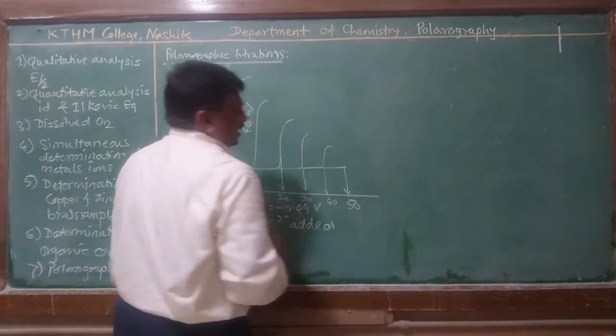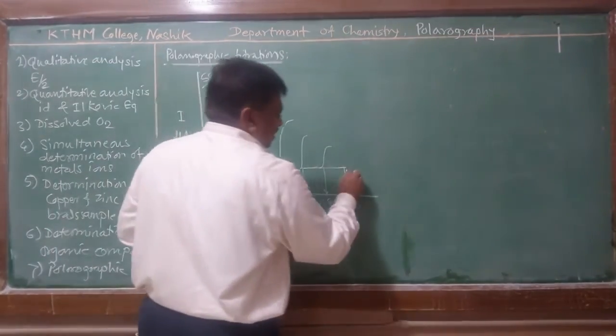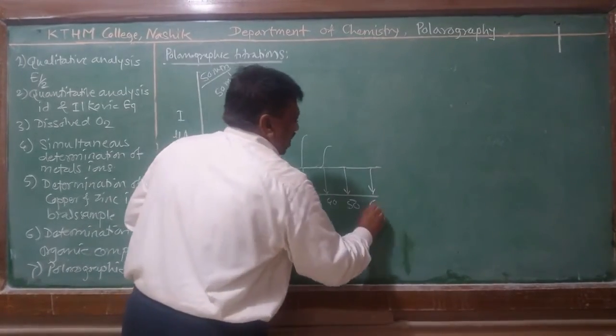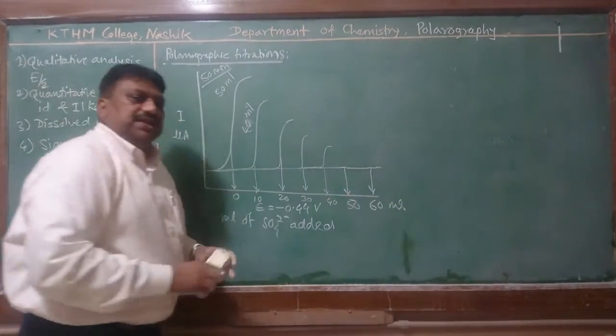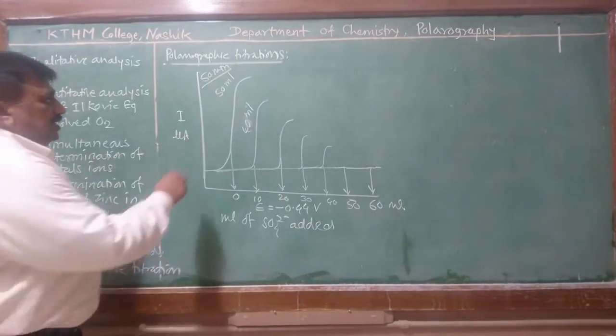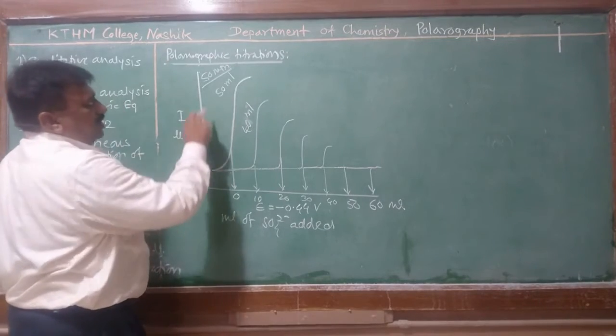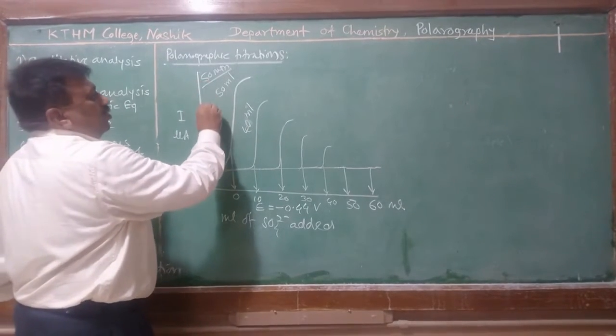That means the diffusion current becomes equal to the residual current, and at 60 ml we also have a diffusion current equal to the residual current.